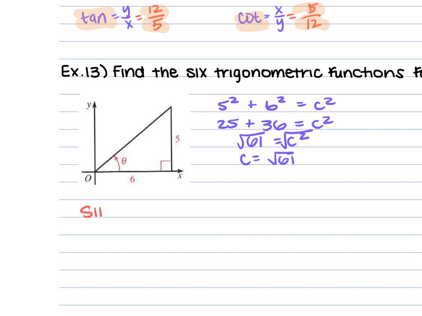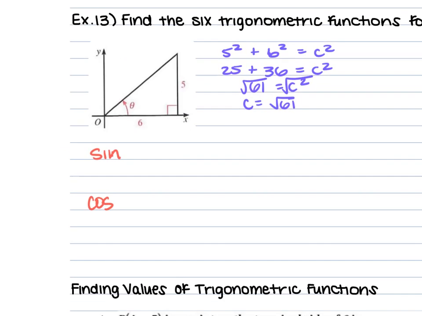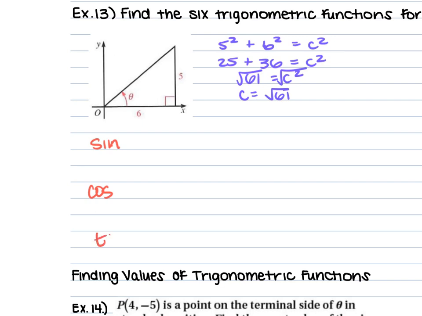So again, find your sine, your cosine, and your tangent. From there, flip them, find the reciprocals. So sine is opposite over hypotenuse. Your theta is here, so opposite is 5, adjacent is 6. Your hypotenuse is the square root of 61.